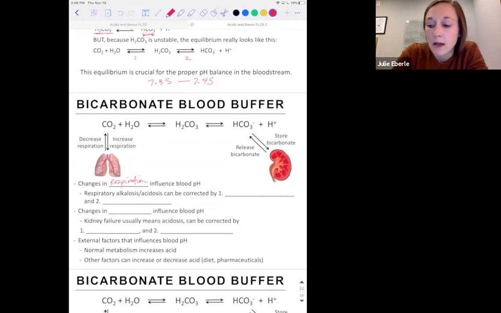You can have conditions called respiratory alkalosis, based on how our breathing fluctuates. Alkalosis means our pH is too high. It's too basic, so maybe it gets above 7.45. You can also have respiratory acidosis, meaning due to our breathing, our blood pH has dropped below 7.35.